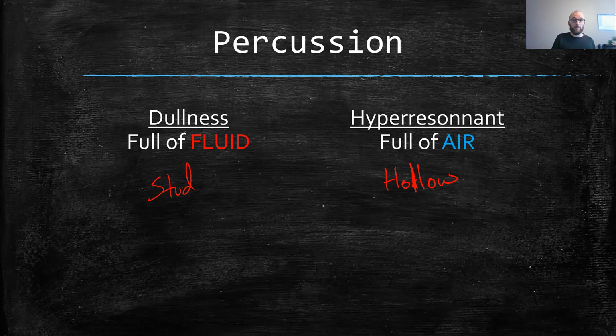I don't know many medics that percuss at all, but it's such a simple thing that if you can just remember dull versus resonance for full of fluid versus full of air, that could be one of those things where you see that word and you're like, bam, pneumothorax. I mean, there's going to be other signs and symptoms in that multiple choice question that's going to clue you in.